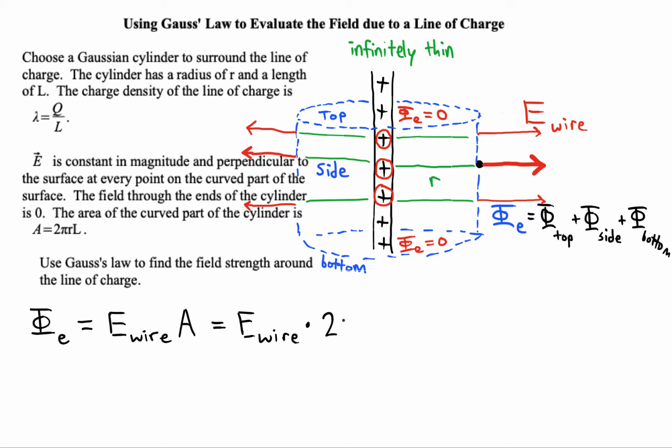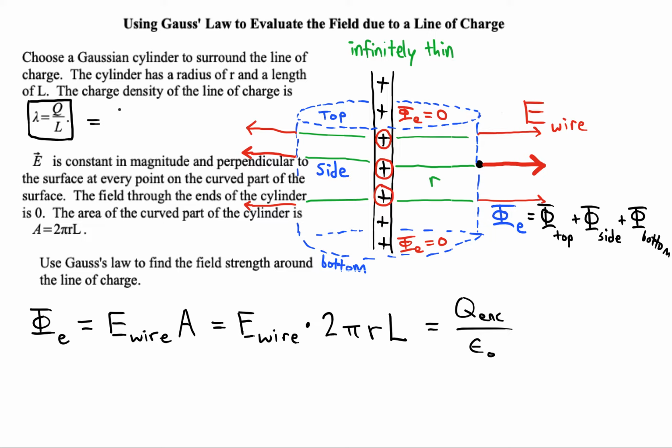The area is 2 pi r times the height, which in this problem we're going to call L. Now using Gauss's law, we should set this equal to the charge enclosed divided by epsilon naught. And for this particular situation, we want to use something called the linear charge density.